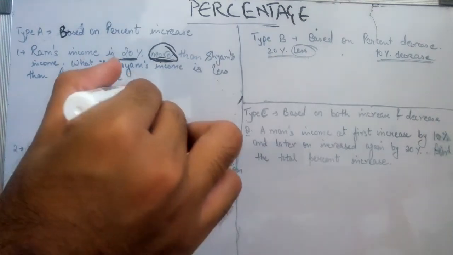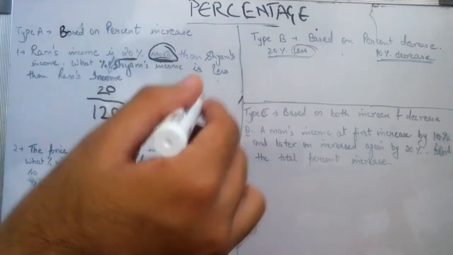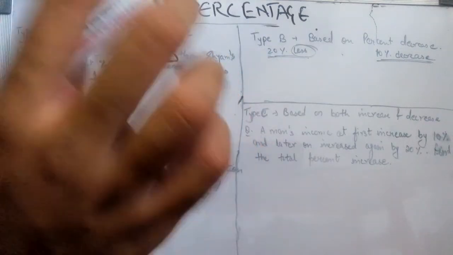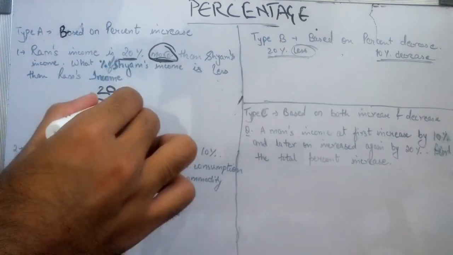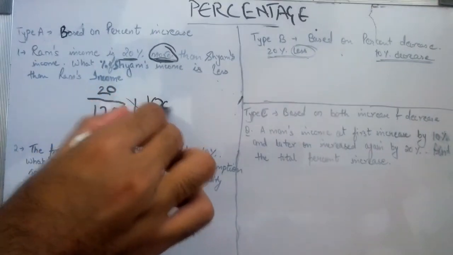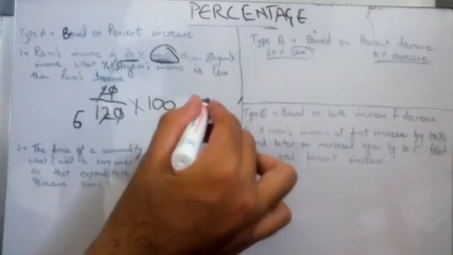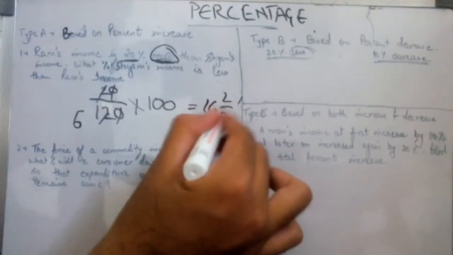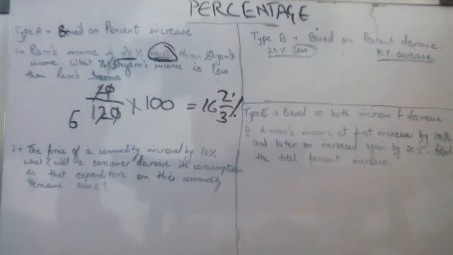In percentage, everything is done in terms of 100, meaning 100 is taken as the reference number. So on increasing it becomes 120. So 20 upon 120 into 100, which becomes equal to 16 whole 2 by 3%. So it is really very simple.